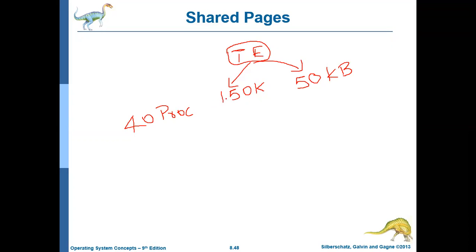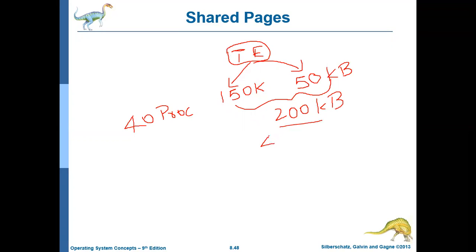If you give each of these 40 processes an individual instance of the text editor, then each process will need 200 KB of memory to hold this text editor alone, because the text editor requires 150 KB for code and 50 KB for data.